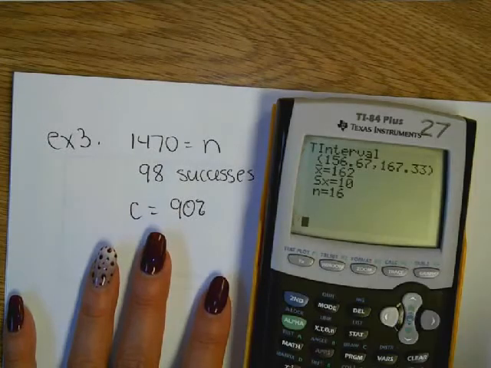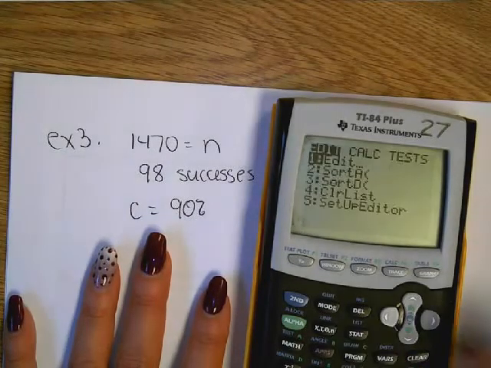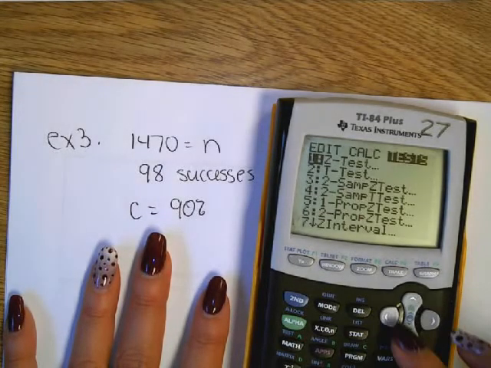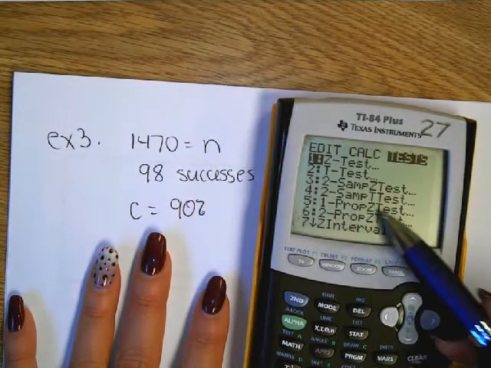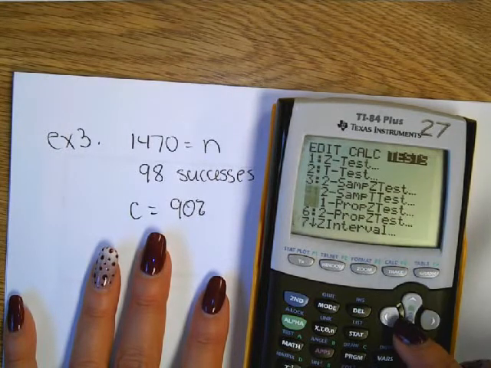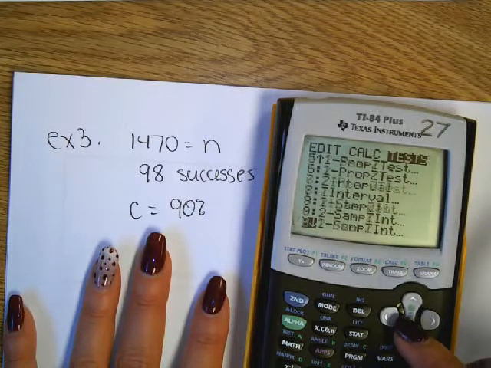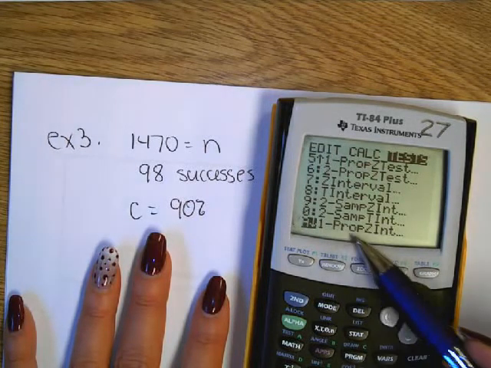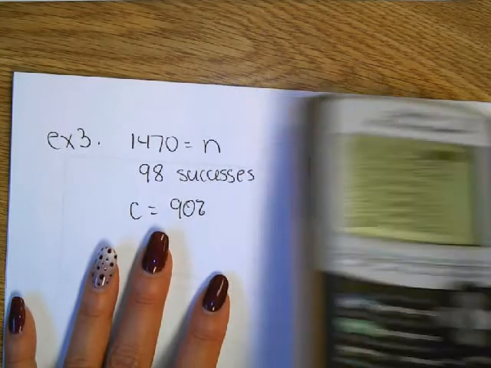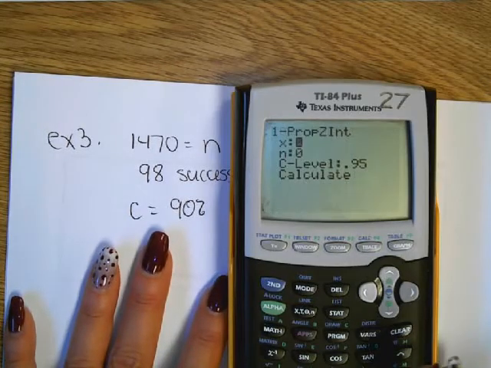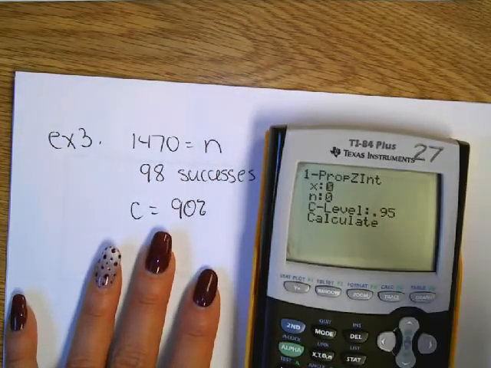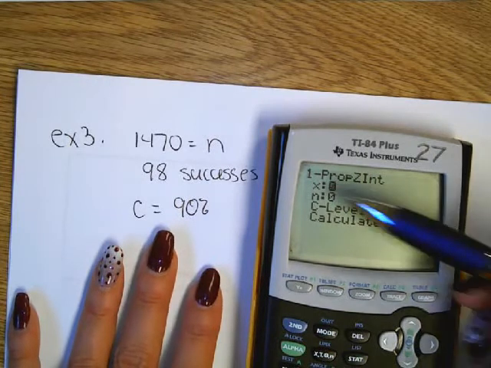So they're all hidden under the same thing, under stat, over to tests, go down to not one prop z test, we want one prop z int. Right here, one prop z int. Okay, they want to know X, N, and your confidence level.